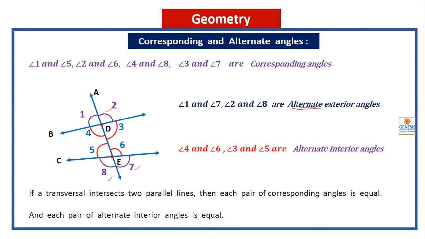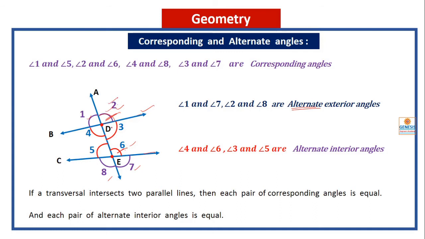Suppose you take this one. This is 2. This is on line B, and the other line is line C. In the same position as that of 2, this is 6. So 2 and 6 are on one side of this transverse line, that is, on the right side. That is why 2 and 6 are called corresponding angles. Right.